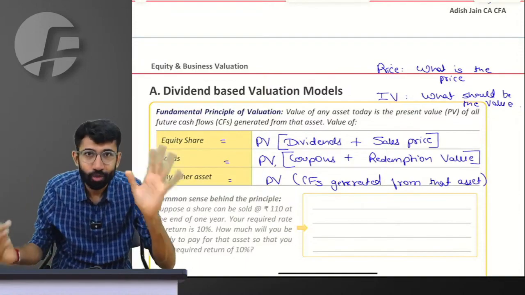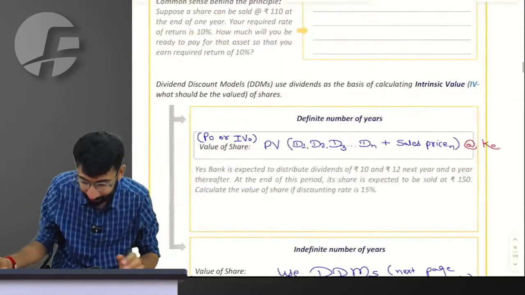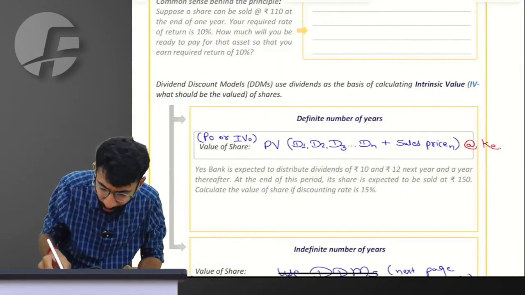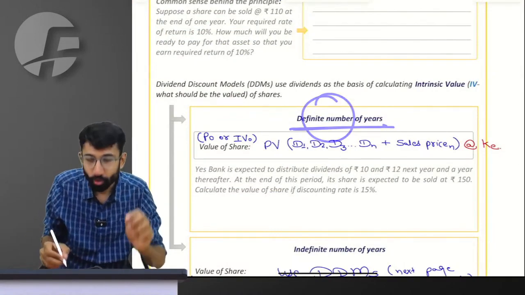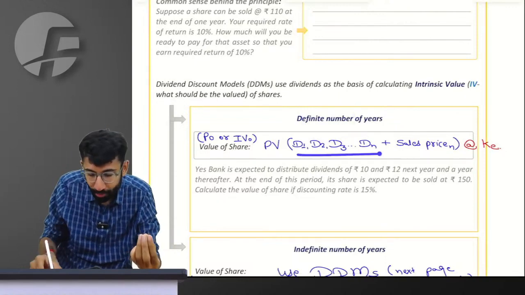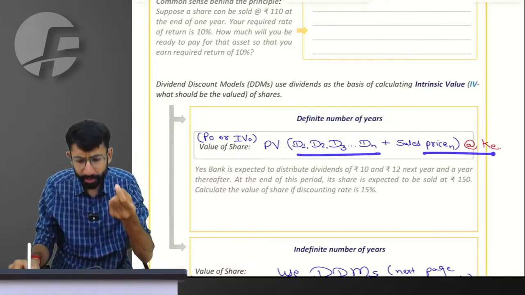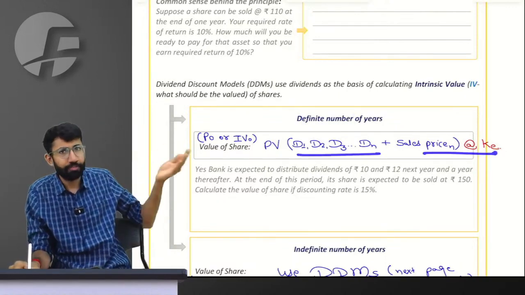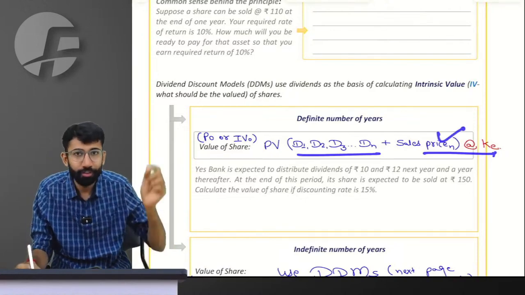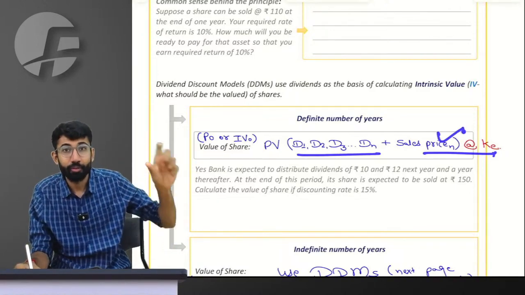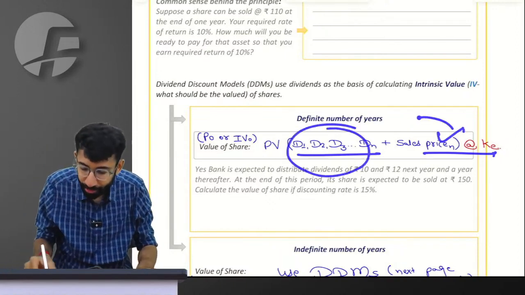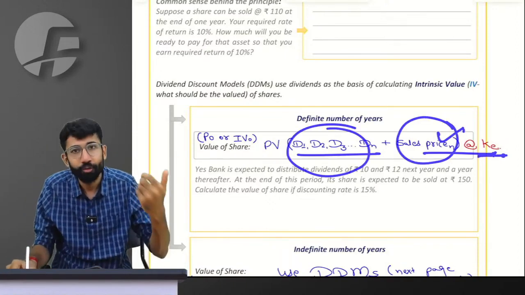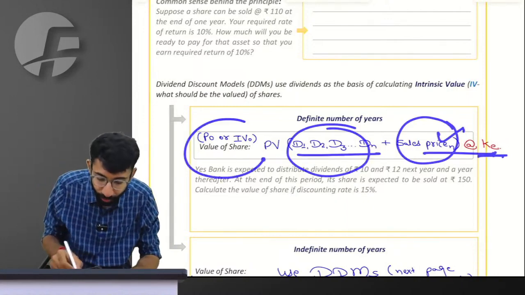We had two possibilities. Possibility one, when you have a definite number of years, you do manual discounting. You discount dividends of the next few years, and at the end of that period you will also receive the sale price. So the present value of dividends and the present value of the sale price, all discounted by KE, give you the value of the share.